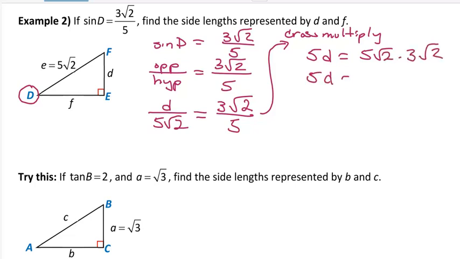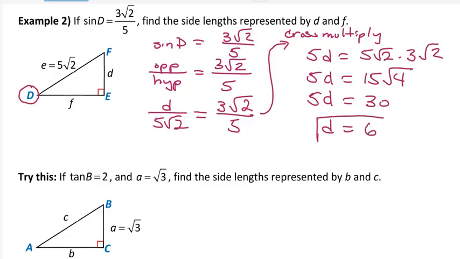So 5 times d is equal to, and 5 times 3 is 15, the square root of 2 times the square root of 2 is the square root of 4, so 5 times d is equal to 15 times 2, or 30, and that means that d must be 6.